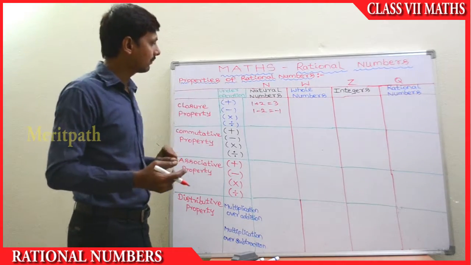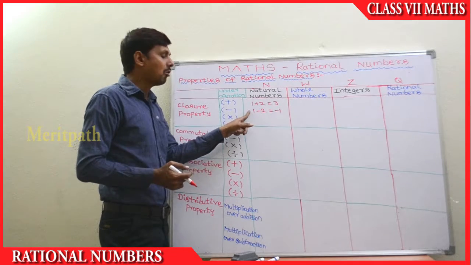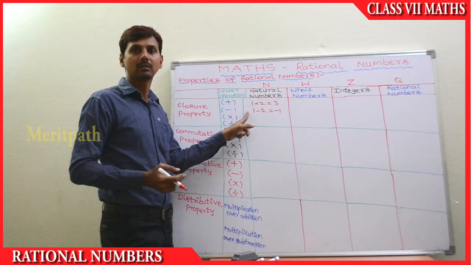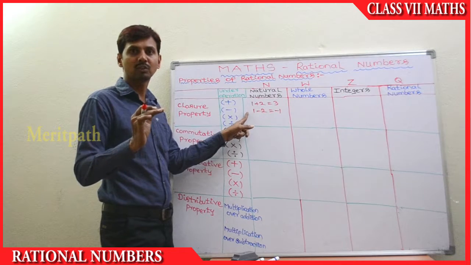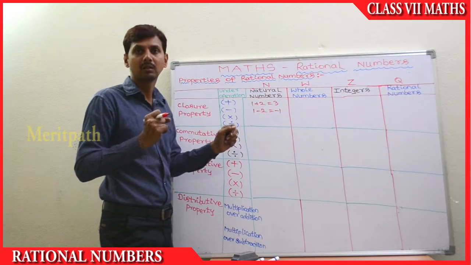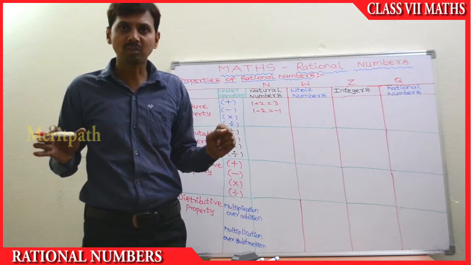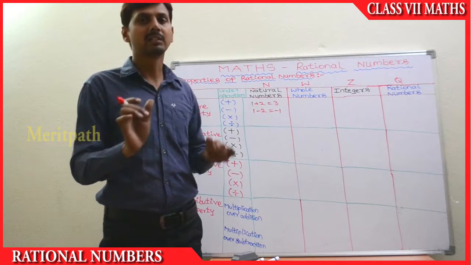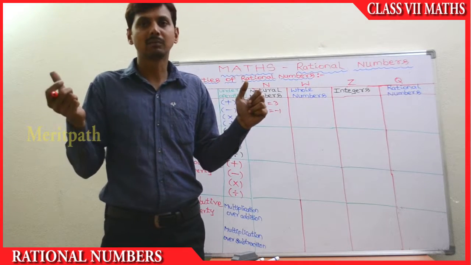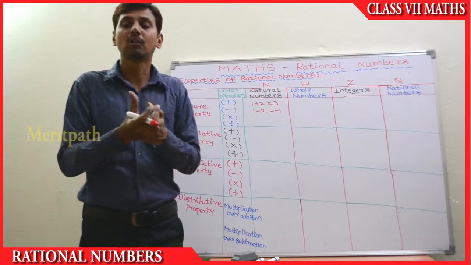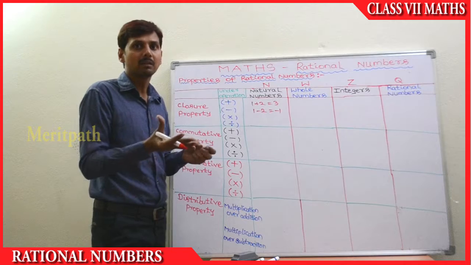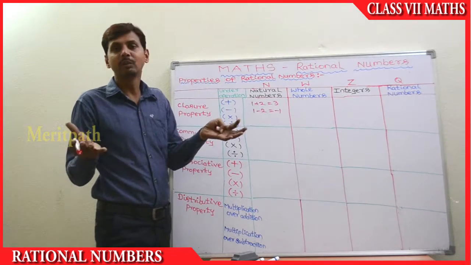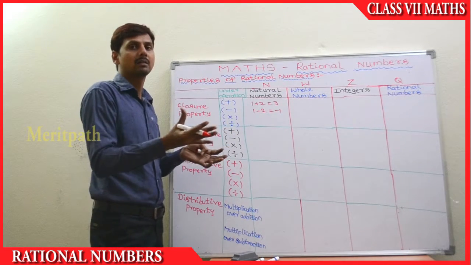So only in this case it is possible, only in this case it is not possible. Some of the cases it is possible, and we say overall it is not possible. It is possible only for particular numbers, where the first number is greater and the second number is less. Actually we don't say it's applicable then.